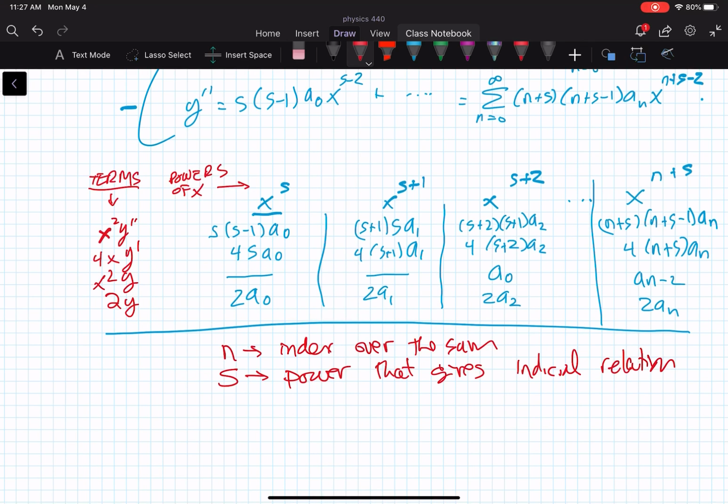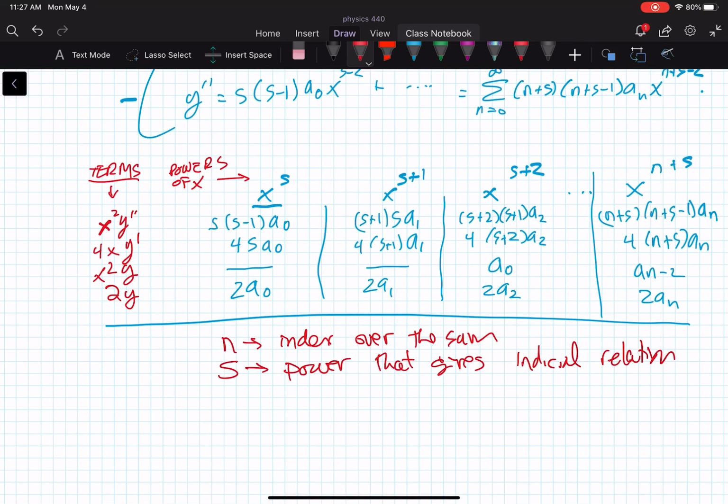So each one of these columns has to sum to 0. For example, we have s times s minus 1 times a naught plus 4s a naught plus 2a naught is equal to 0.